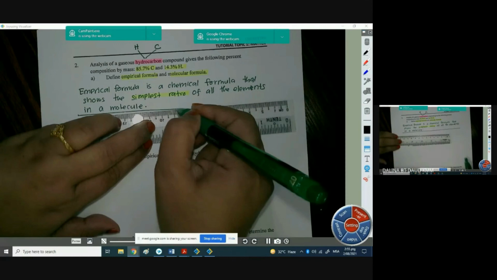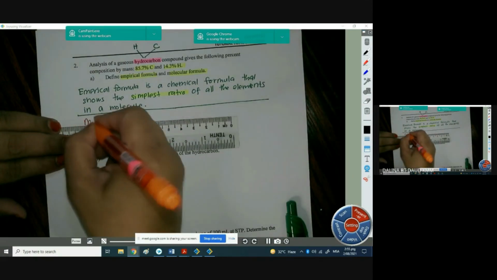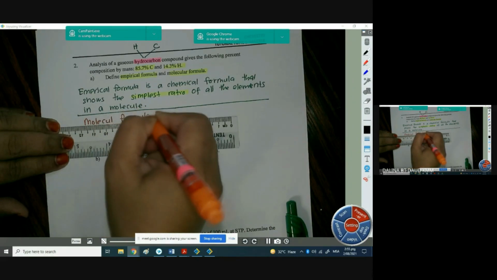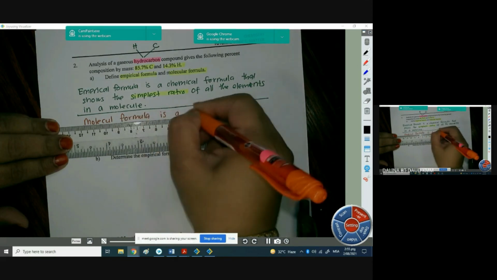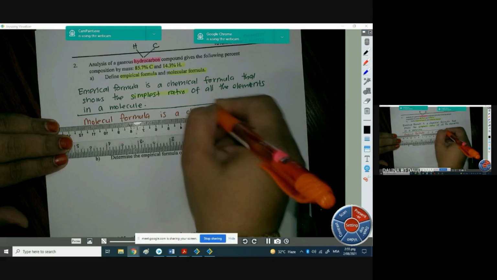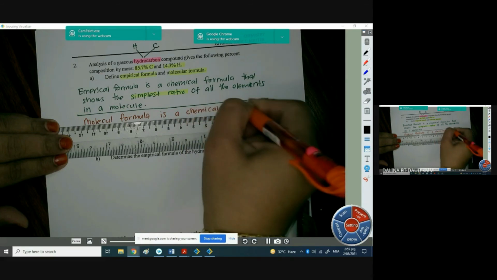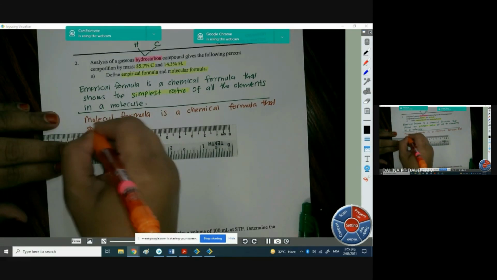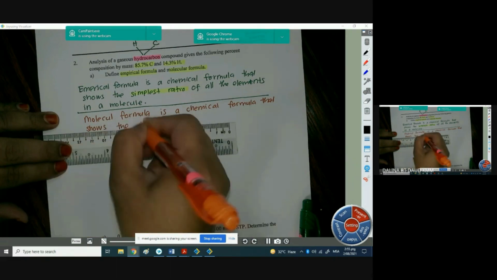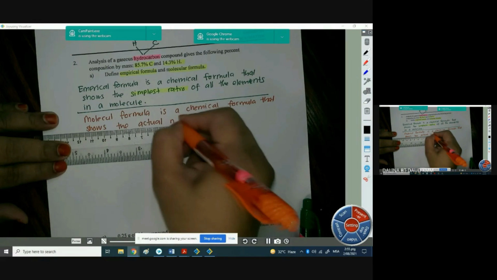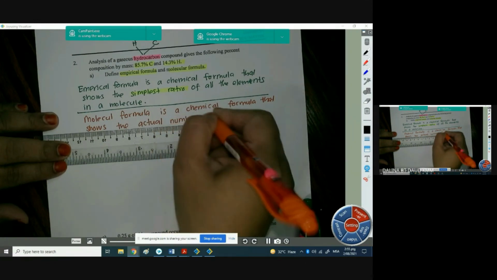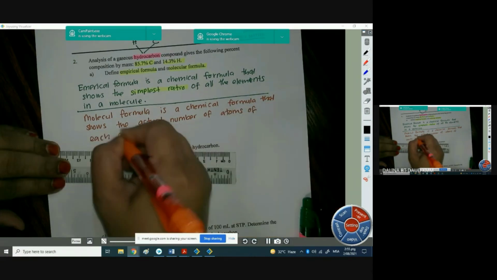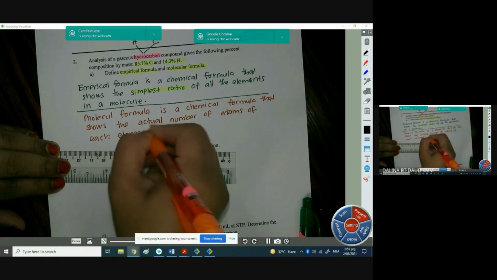Okay, the next one is molecular formula. Molecular formula is also a chemical formula, that shows the actual number of atoms of each element in a molecule.